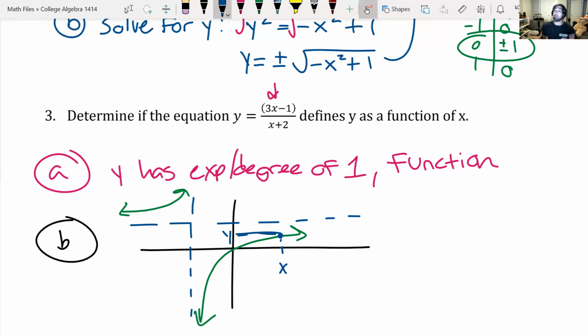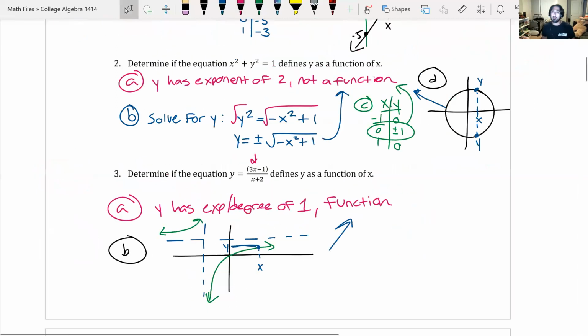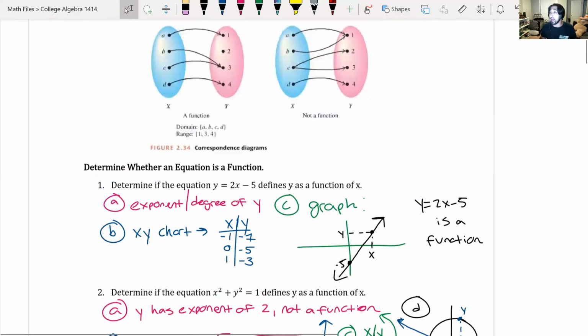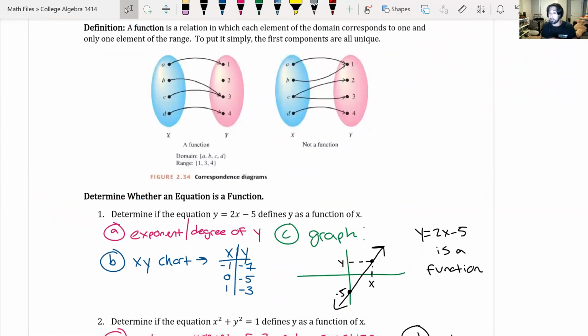So this is definitely a function. Okay, so that is the definition of a function, right? For an equation or an XY chart or a set of numbers to be a function, every x must have a y, but an x cannot have 2 y's. That is not a function.